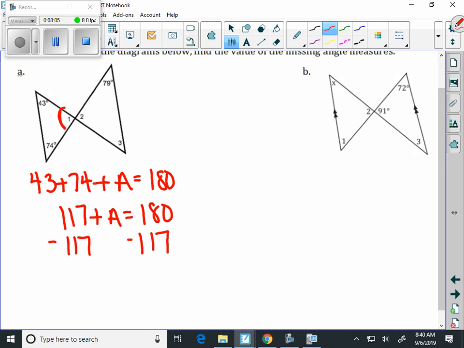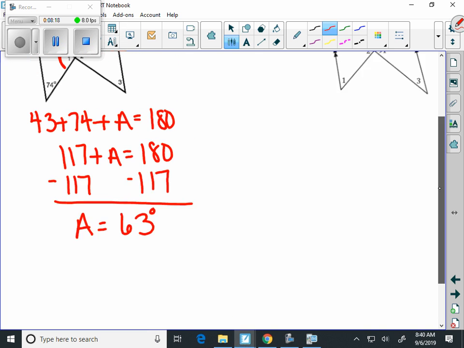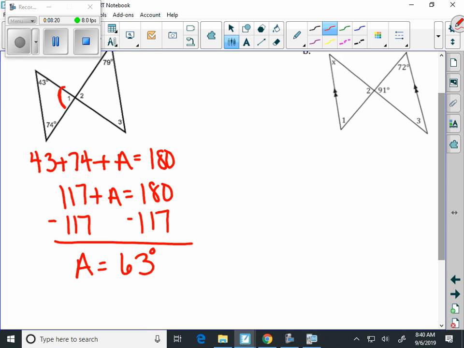We can subtract 117 from both sides, and that's going to give us this angle 1, which I called A. 10 minus 7 is 3, 7 minus 1 is 6. So 63. So angle 1 is 63. And fill that in. What do you know about the relationship between angle 1 and angle 2?